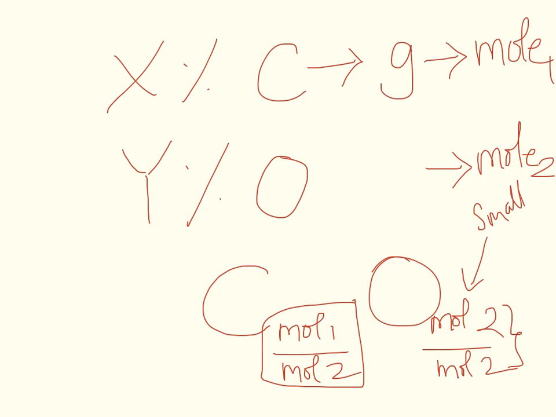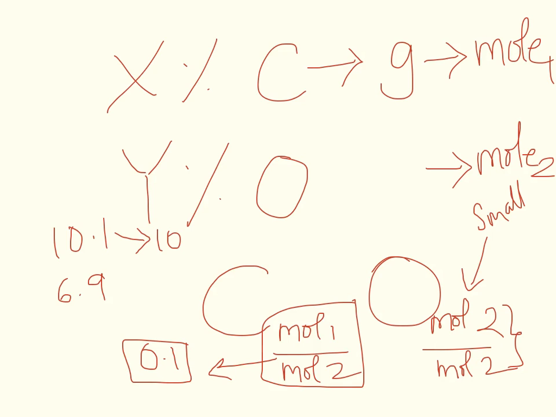Now if the fraction is within 0.1, say you got 10.1 or you got 6.9, this can be rounded off to 10 and this can be rounded off to 7. Okay, so then you write the empirical formula of the compound.